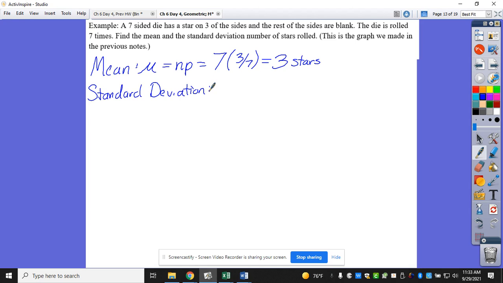What's my symbol for standard deviation? What's my equation? N times p times 1 minus p. So in this situation, my n is 7, my p is 3 out of 7, which makes my 1 minus p what? What's the complement of that?